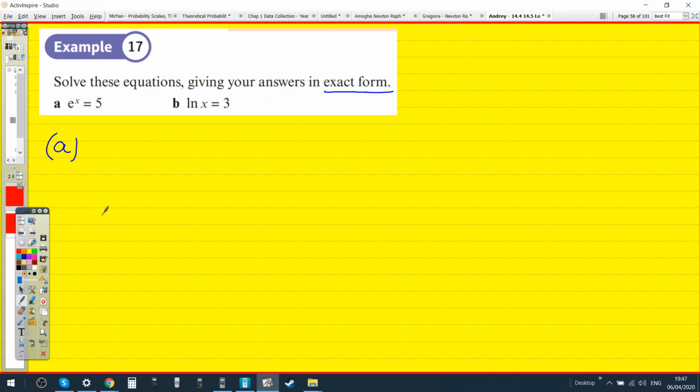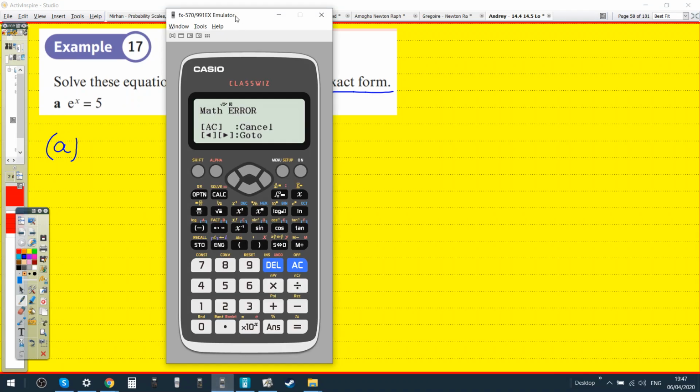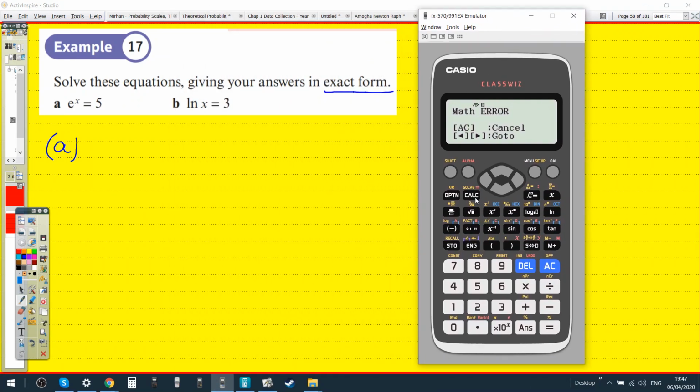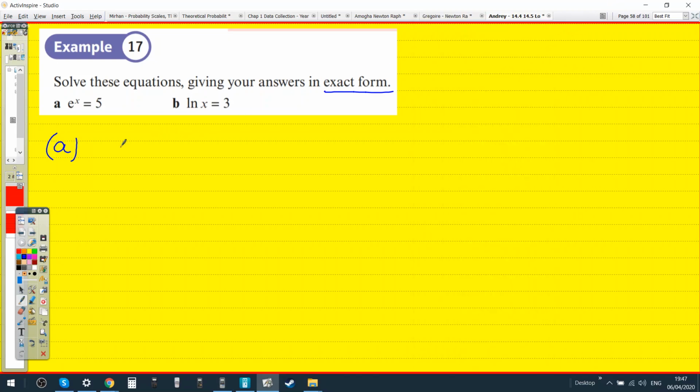So we could, to check our answer. How could you solve it without a calculator? I'd just do log e and 5 equals x.